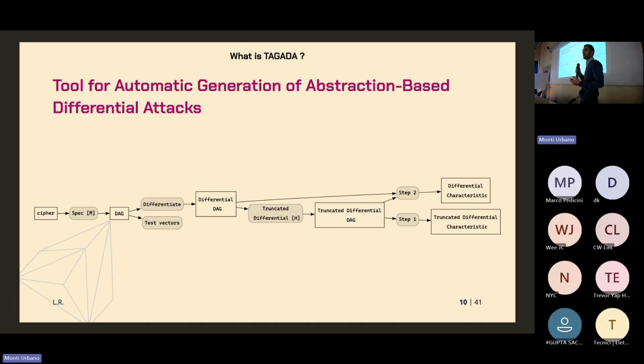In the first step, we use the truncated differential representation, and in the second step, we use the differential representation. When you have the differential graph, you can truncate it to compute the truncated differential DAG. With the truncated differential DAG, you are able to directly compute the best truncated differential characteristic. And with the truncated differential DAG and the differential DAG, you are able to compute the best differential characteristic.